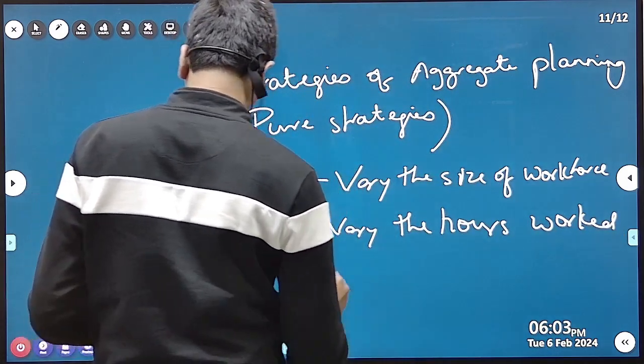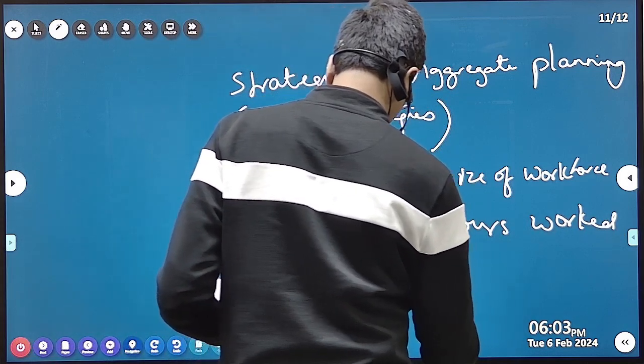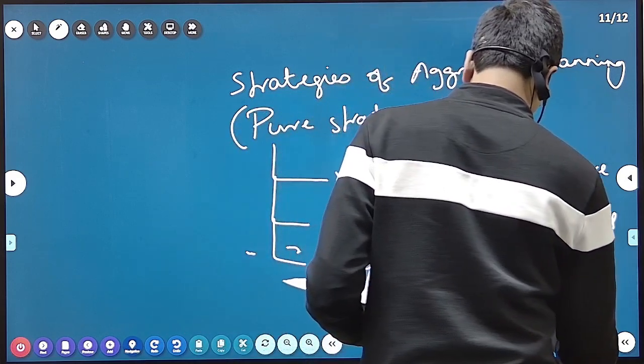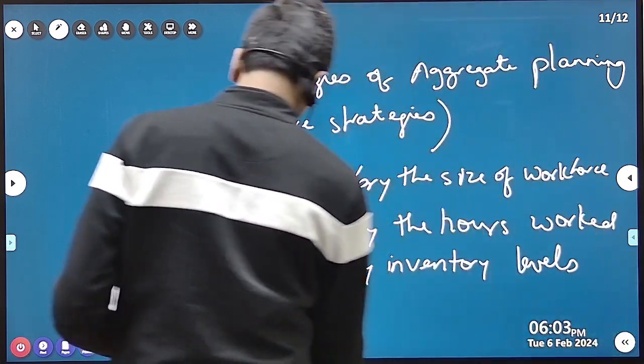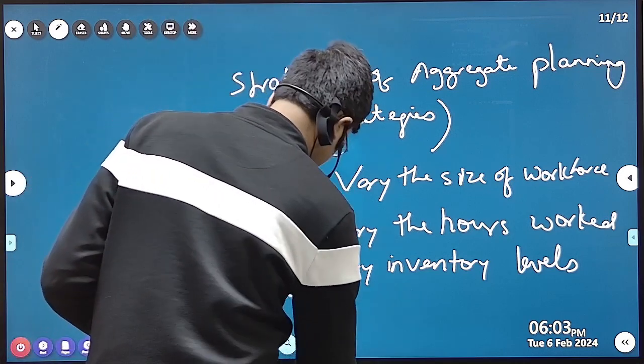Next one is vary inventory levels. The last one is subcontracting.